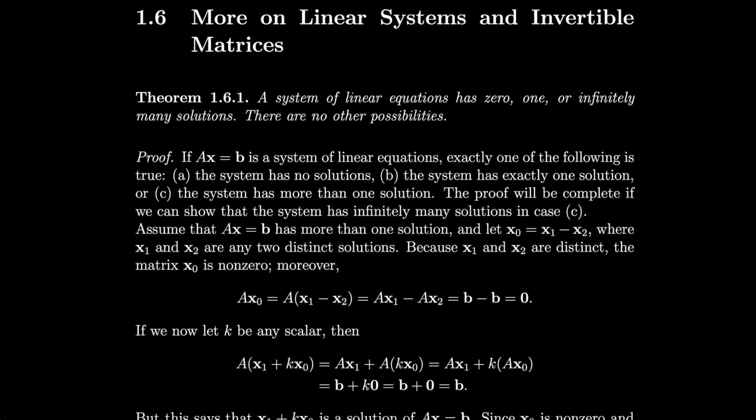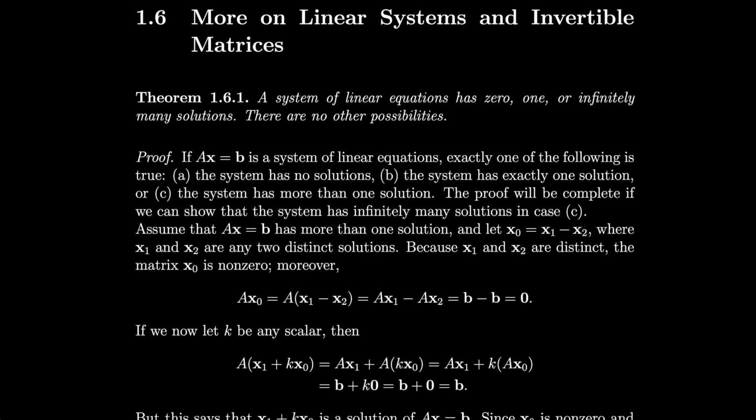Moreover, if we take a look at A times x0, that's A times (x1 minus x2), which we can distribute, and we know that's going to be b minus b, because x1 and x2 are both solutions. So that means that Ax1 minus Ax2 is 0.